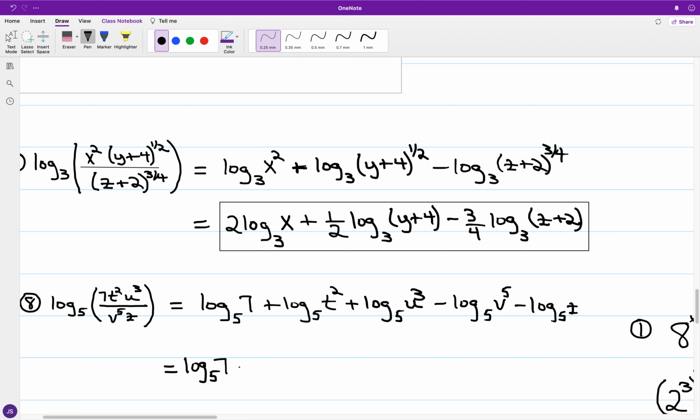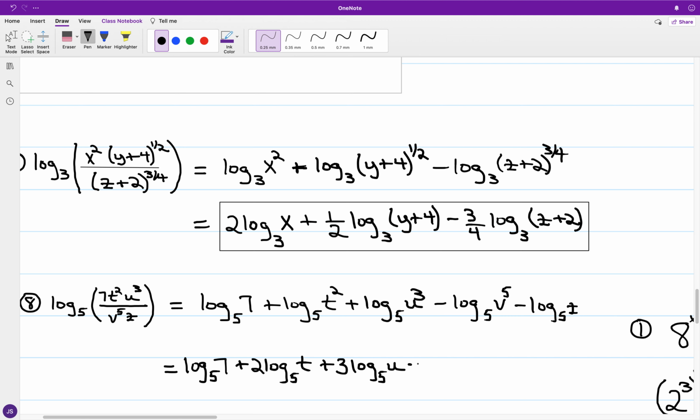For the next term, I can write this as 2 times the base 5 logarithm of t, plus 3 times the base 5 logarithm of u.